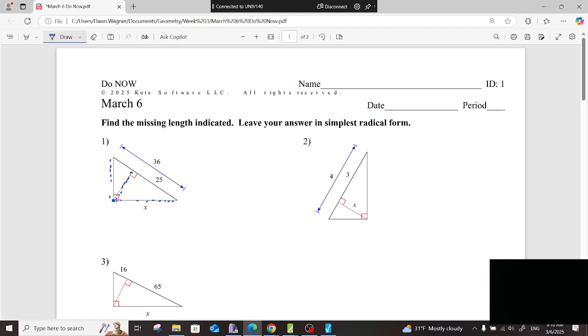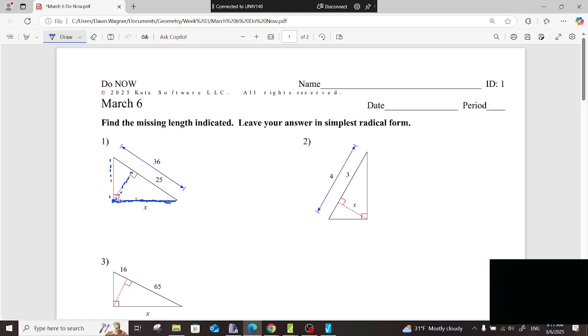What is it? X is the geometric mean because it's the outside leg of the big triangle. If you're looking at the two little triangles and this big triangle, this triangle here would be the mama bear, and the big triangle is the papa bear, right?